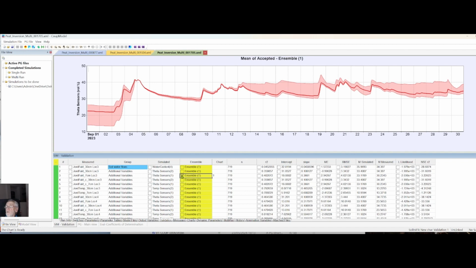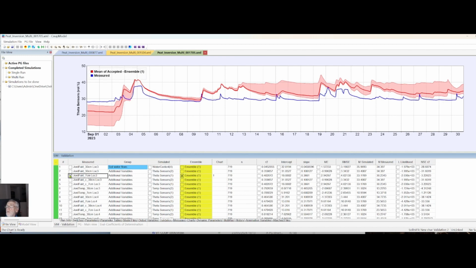I look here at the soil moisture, jordfukt at 3 centimeters, and we see this is the performance we get with respect to the soil moisture when we put the requirement on the soil temperature.